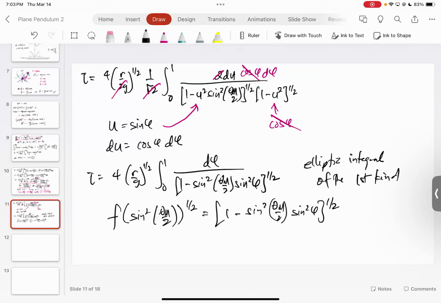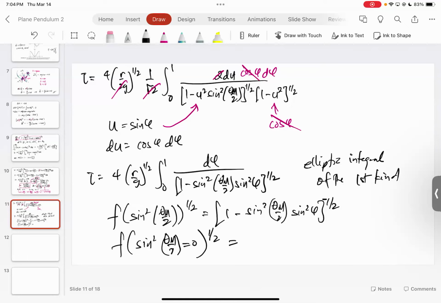Remember, yung function ay yung square root, negative 1/2 power. So we're going to expand the function about sine squared theta sub m over 2. Actually, we're going to expand that for sine squared theta sub m over 2 equals 0.